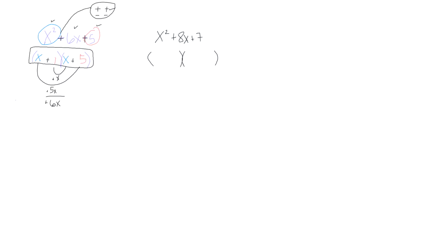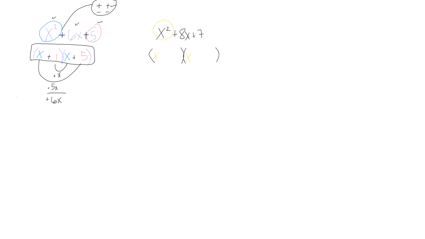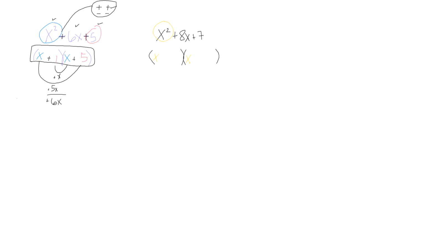My second term is half of the exponents I have in the first one, so I'm good. x times x gives me x squared. What times what gives me 7? Seven times 1. 7 times 1 gives me 7.